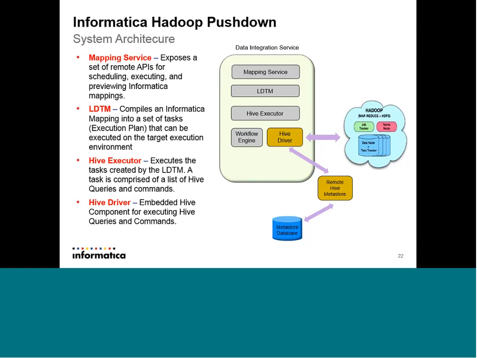Likewise, the Hive executor uses the task created by the LDTM and sends queries and commands to Hive. The Hive driver is the component responsible for executing the Hive queries on the Hadoop environment.